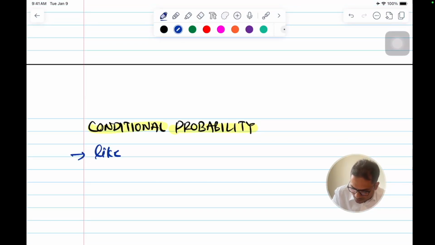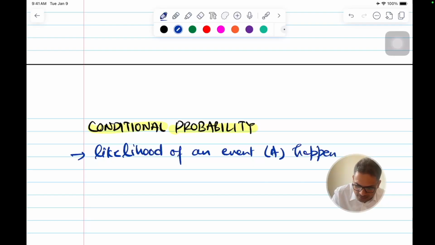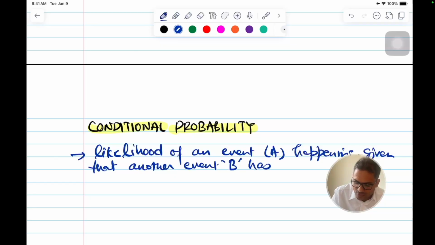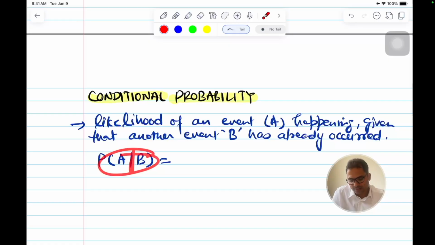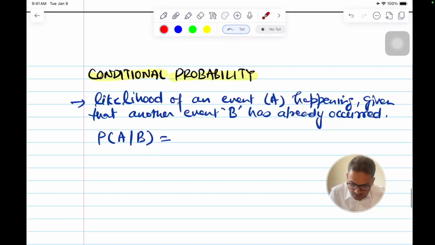The likelihood of an event A happening given that another event B has already occurred, and the way we denote it is probability of A given B. So this is how we represent it, with this slash meaning A given B. This is the normal definition.